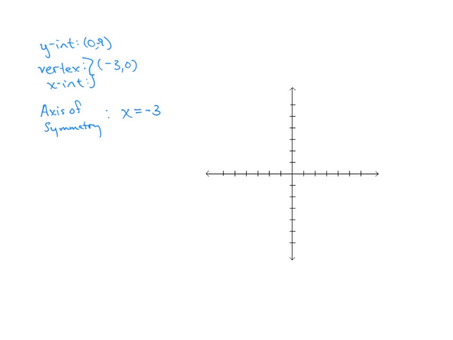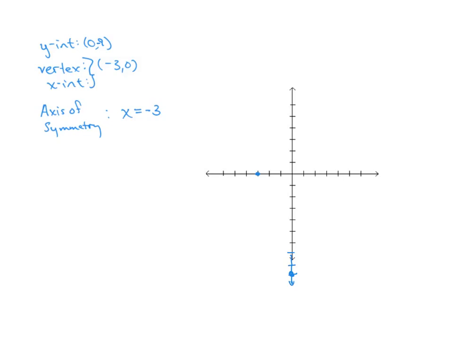I made a mistake there. That should be 0, negative 9. So our y-intercept is 0, negative 9. We're going to go down 9 on our y-axis. Our vertex is negative 3, 0.